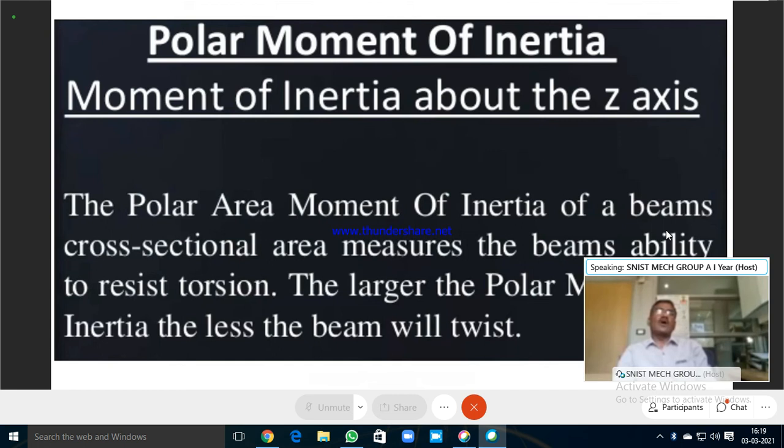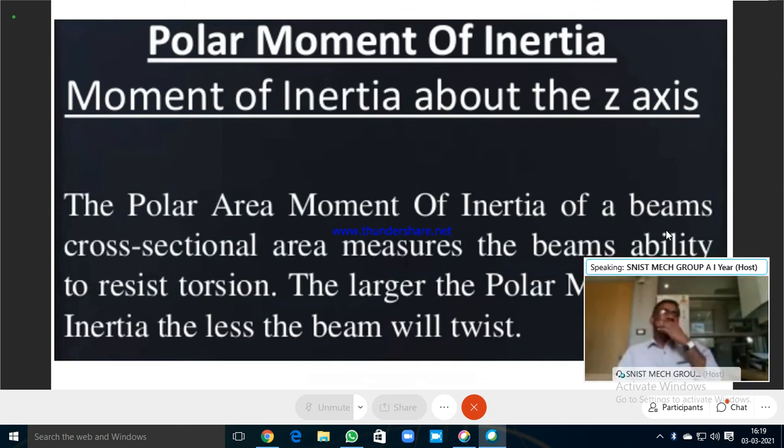And you please note down the definition of polar moment of inertia. Polar area moment of inertia of a beam cross-section area measures the beam's ability to resist torsion. That means this particular parameter, polar moment of inertia, is useful to calculate the strength for torsion, and area moment of inertia, the strength for bending.